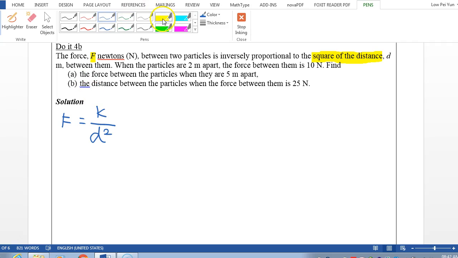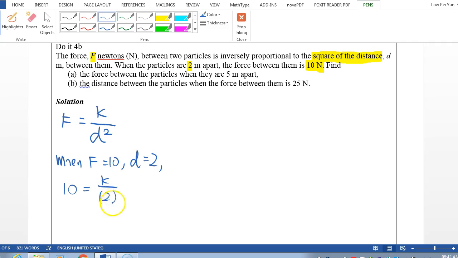So we have information to help me find k. When the particles are 2 meters apart, the force between them is 10 newtons. So when, are you able to decipher? When F is, of course, force, 10, and my distance is 2, I am able to find k.